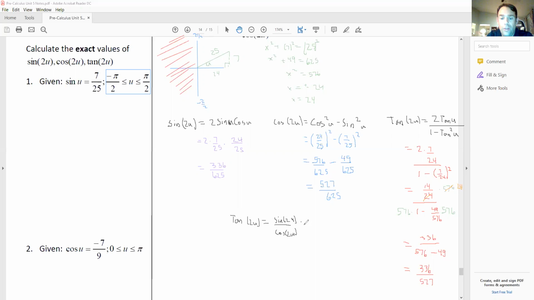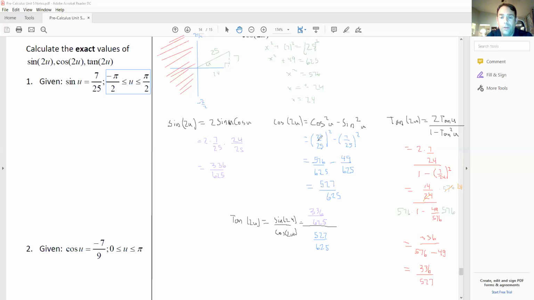is we could have taken the sine value, which was 336 over 625, and we could have divided it by the cosine value. And I'm okay if you guys do that.